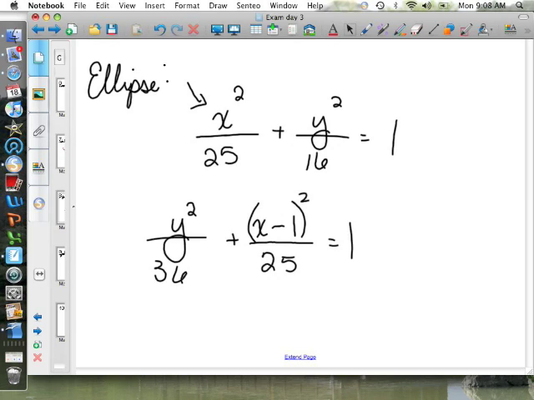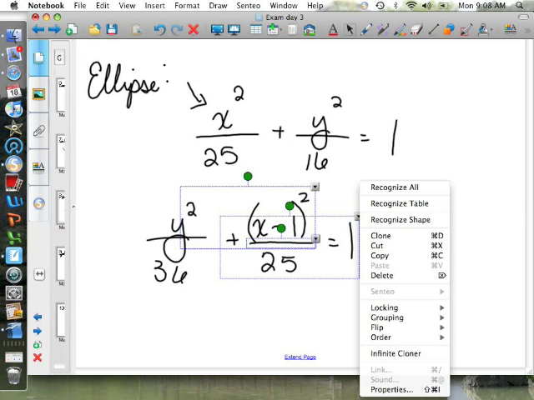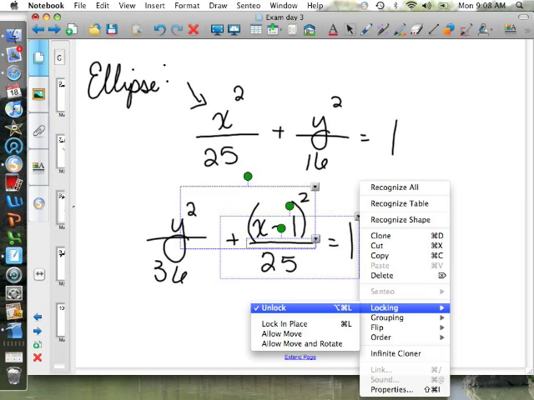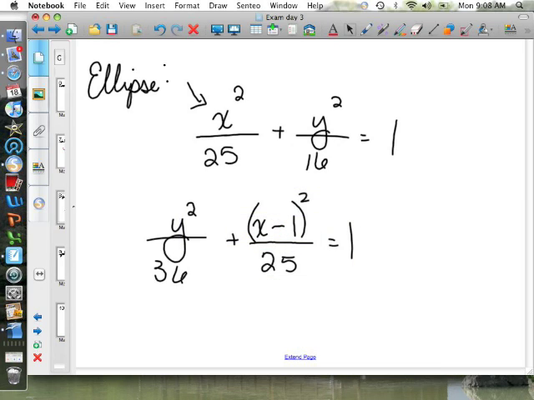Okay, who remembers what an ellipse is? It's an oval, or it looks like an oval, okay? It's like a squished circle, but there are specific characteristics about it. It has a major and a minor axis. Does anybody remember how to tell which one was the major or the minor axis? The first one, okay?